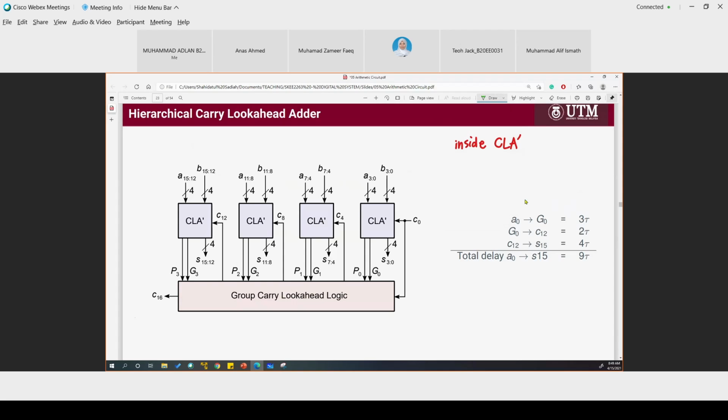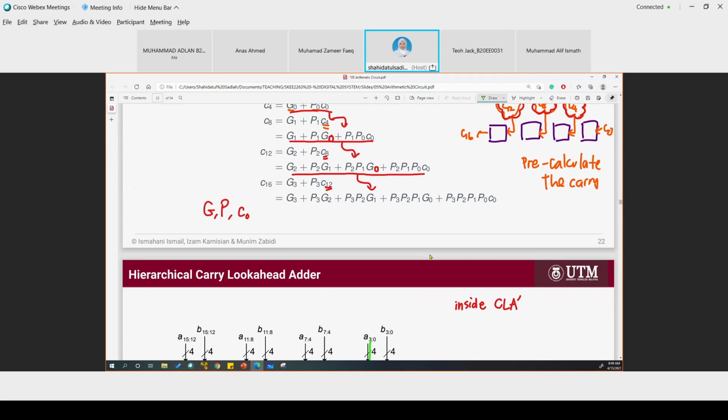the critical path delay. Critical path is from A0 to G0, that is 3 tau, and then from G0 to C12, that is 2 tau. Because it's 2 tau because inside this is the SOP expression, right? It's this one. Okay.